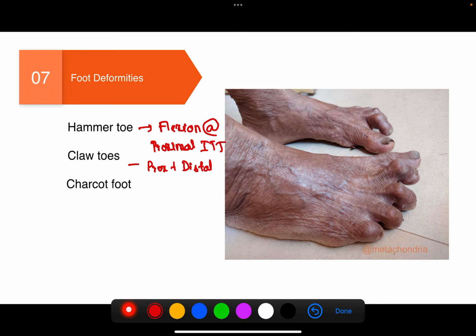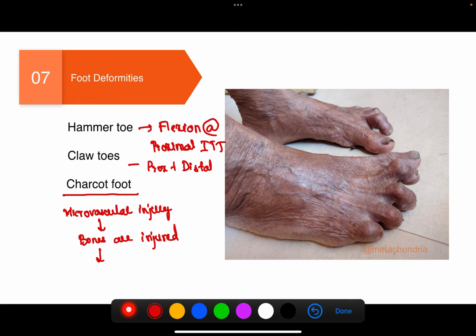Then Charcot's foot. So what happens in Charcot's foot? There is microvascular injury. Because of the microvascular injury, there is injury to the bones.